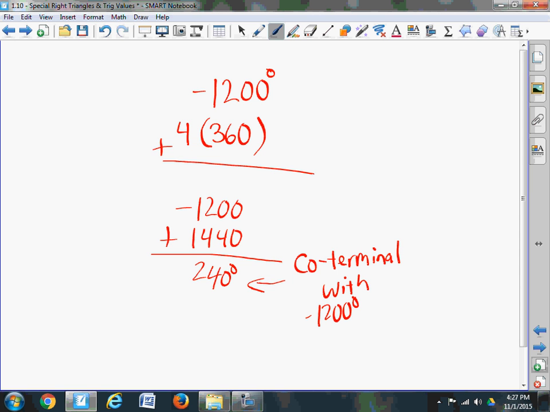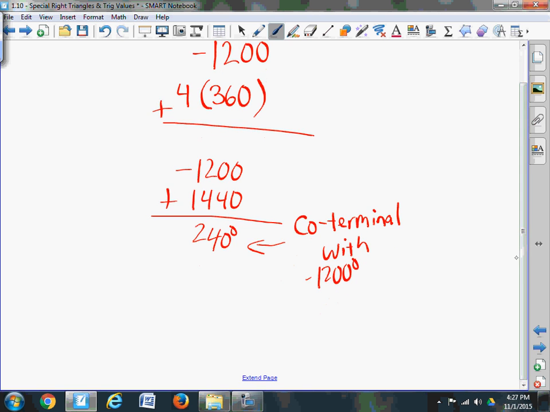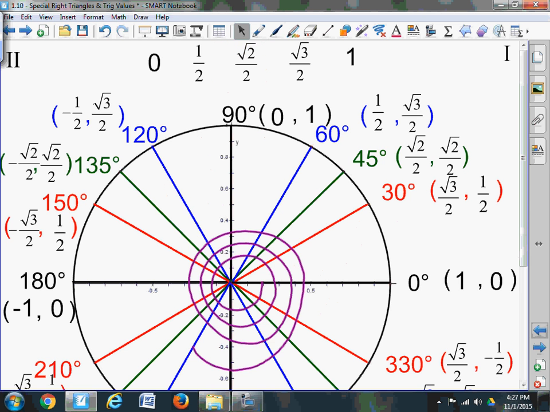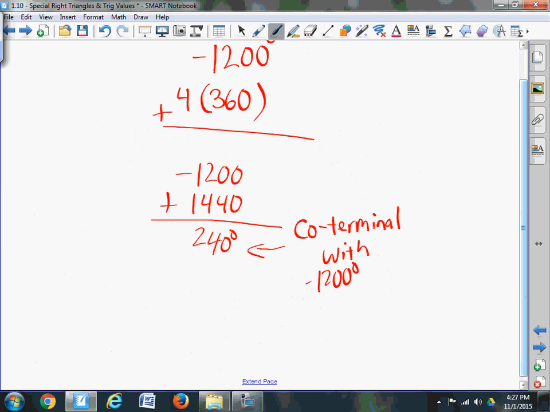And then for a 240 degree angle, if you look at the angle it forms with the x-axis, you can see, because it's color-coded in blue, this angle is 60 degrees. So its reference angle would be 60 degrees, and we know it's in quadrant 3.